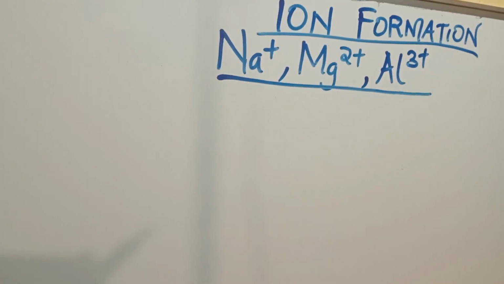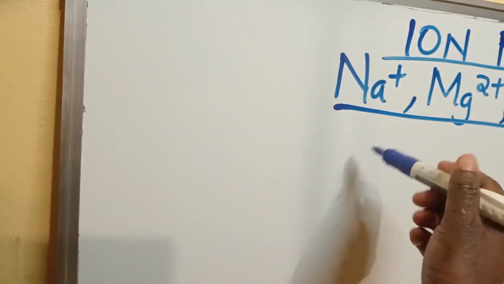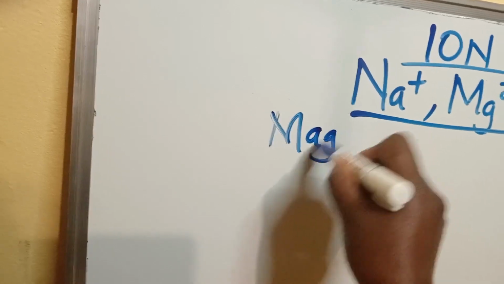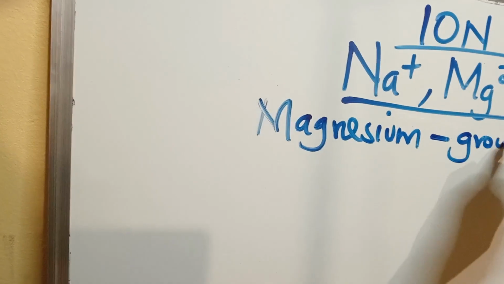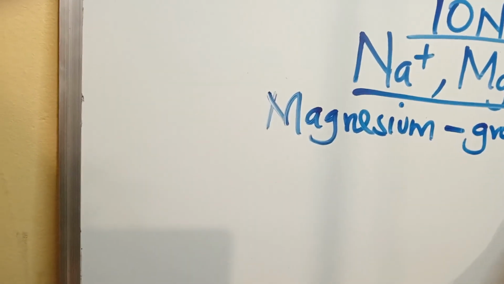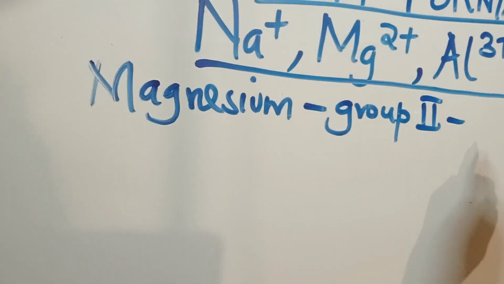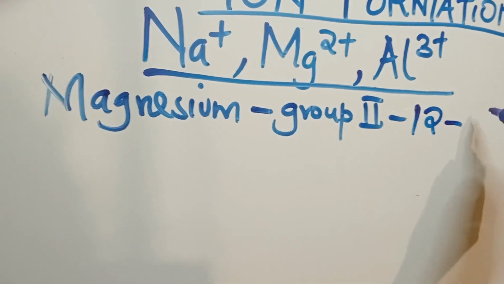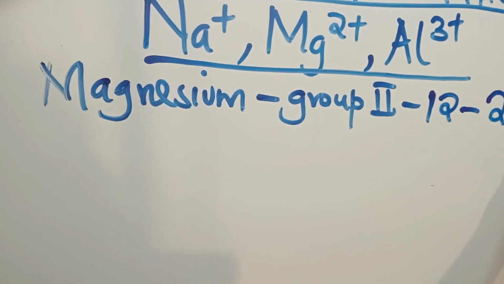So magnesium is the atom that we'll be dealing with. Remember, for magnesium, it is in group 2. It has atomic number 12, and the electronic arrangement is 2.8.2.